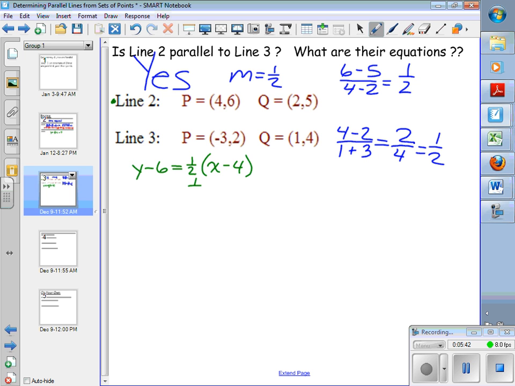So then 1/2 x minus 2 equals y minus 6. And then we add our 6 to both sides. y equals 1/2 x plus 4 for line 2.